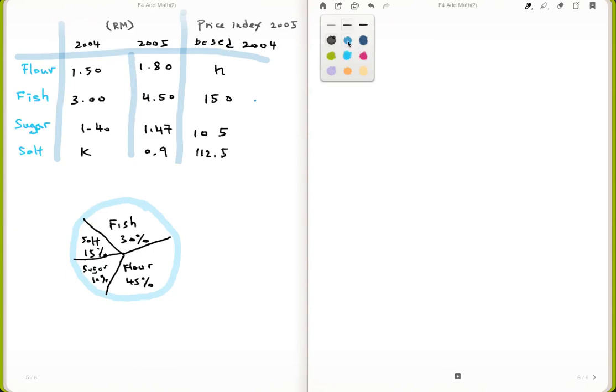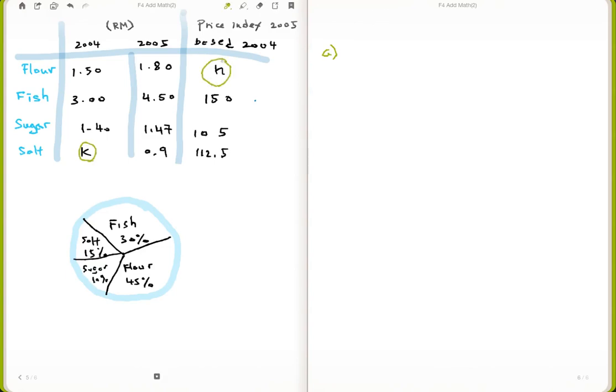Now, first of all, 2 unknowns. What else would you expect? Right? So, first of all, you need to find out the H. H, the price index, is pretty straightforward.